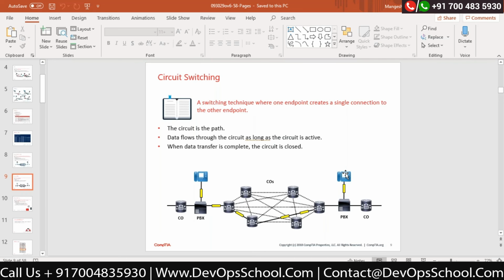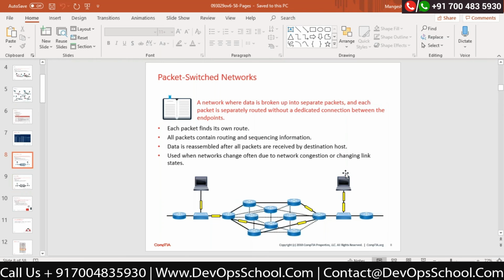But nowadays, we are not using this technique because we are not using the existing telephone network at all. We are using a technique called packet switching. Every internet service provider who provides you the complete broadband and internet service is not using circuit switching networks anymore.